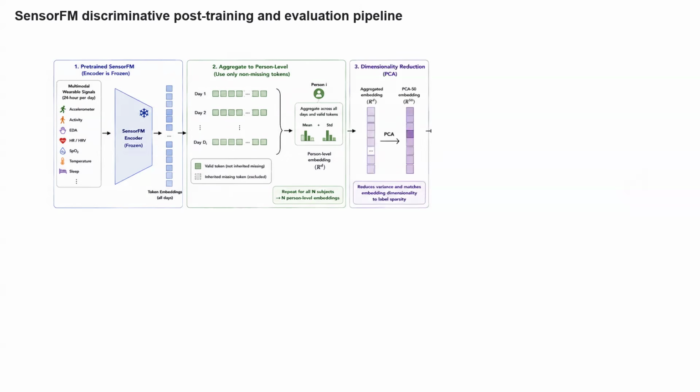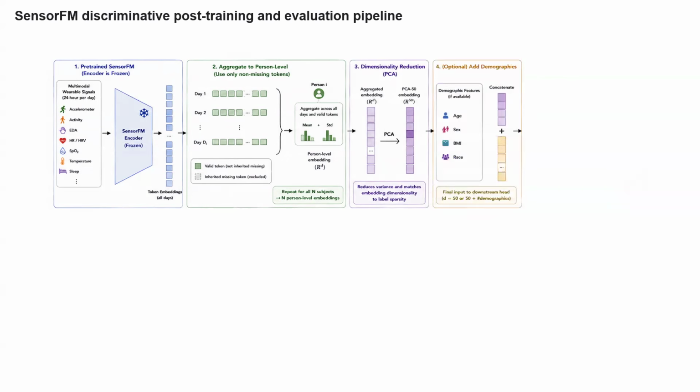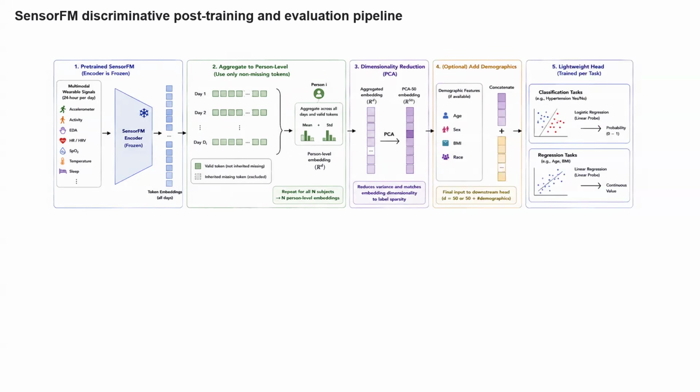From that, they also applied dimensionality reduction, and then they optionally added the demographics to help in the classification or regression task. This is just a summary of how they do it. It is mentioned in much more detail in the paper. This is just a general idea.